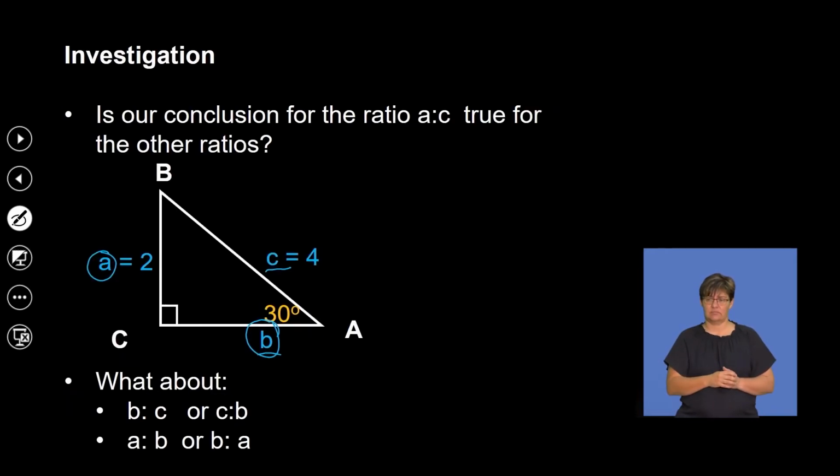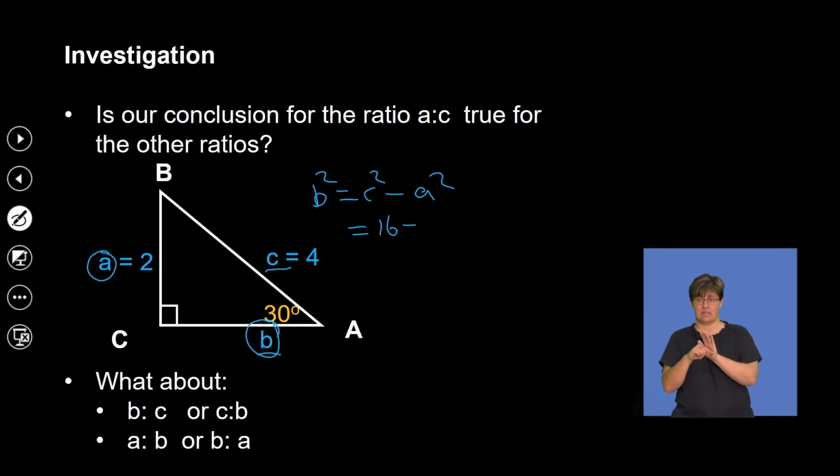So let's quickly go back to this. Remember that my theorem of Pythagoras will then be B squared is equal to C squared minus A squared. C squared will be 16 minus the 2 squared, which is 4, and this gives me 12, and that's B squared.